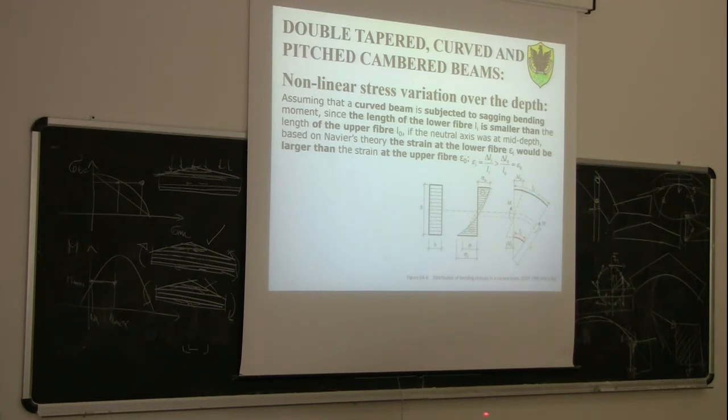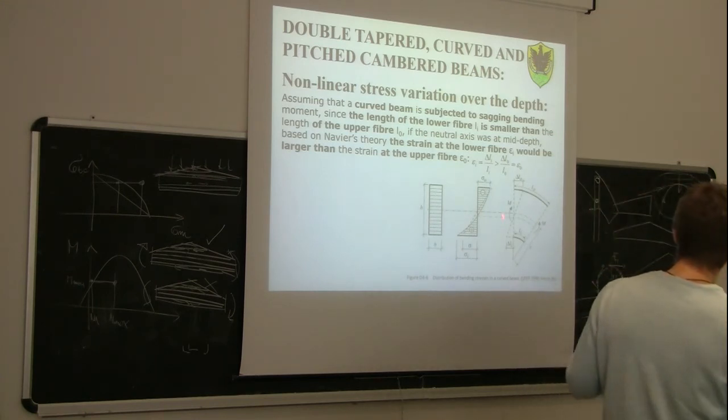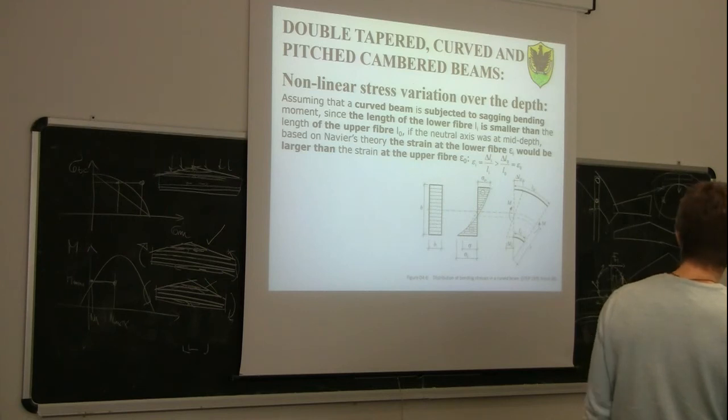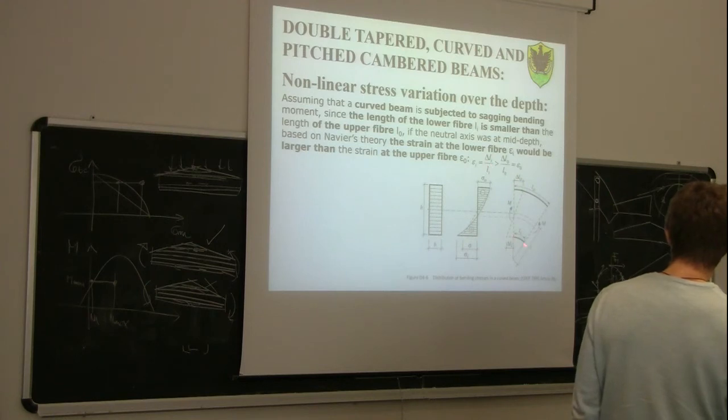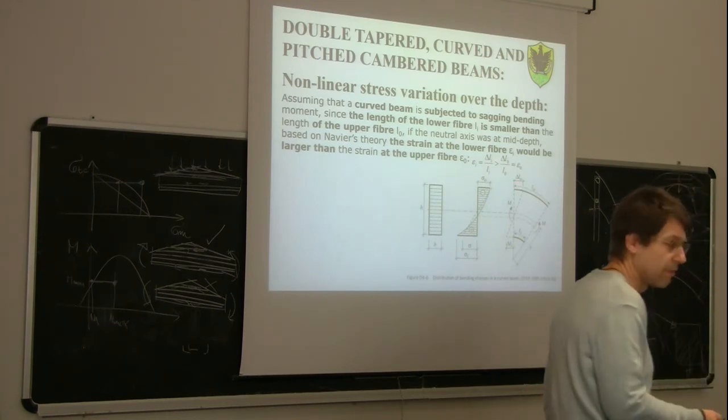Why is that? Because it's a curved beam. It's not a prismatic beam. Meaning that we have the same delta L, but the denominator, which is the initial length, is different above and below. So delta Li over Li in the lower fiber would be greater than delta L0 over L0, even assuming that delta Li and delta L0 are the same, because Li is less than L0.